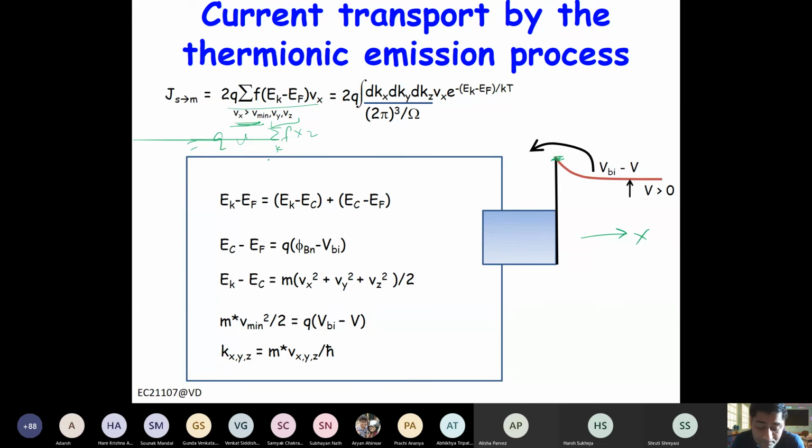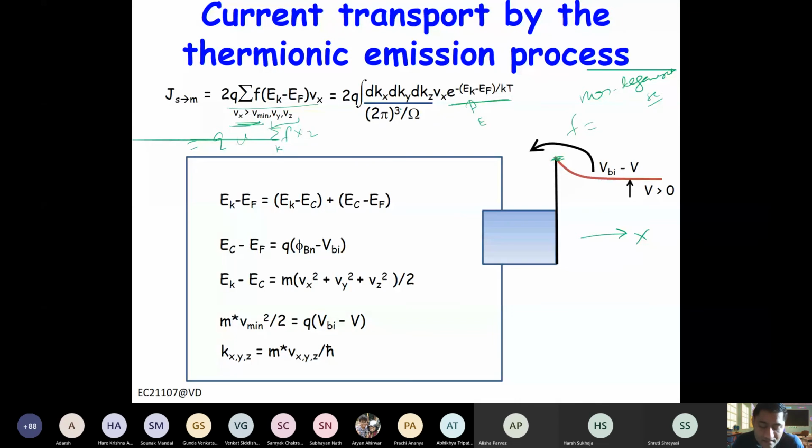Now F is basically the Fermi function. If we consider the assumption that it's a non-degenerate semiconductor, you can write F as the Boltzmann function, right? Which is e to the power minus (E minus EF) by kT. Here E is written as Ek.